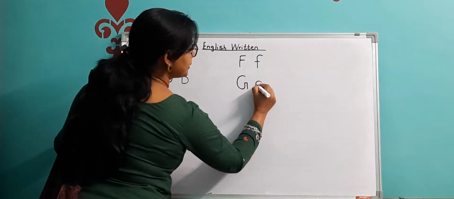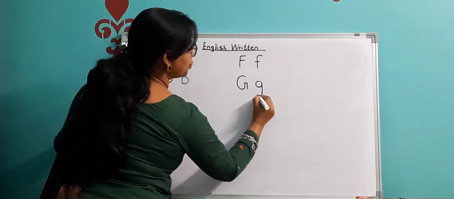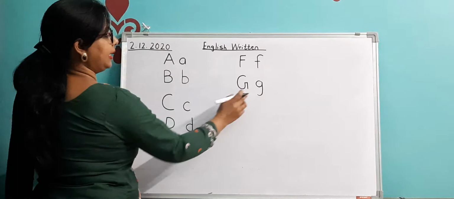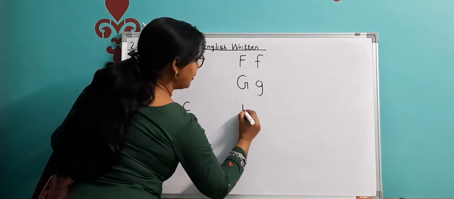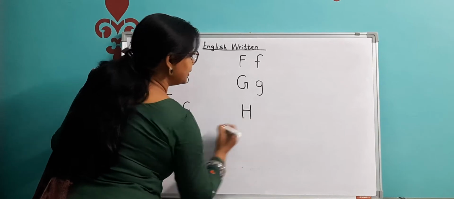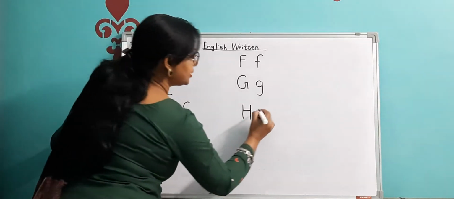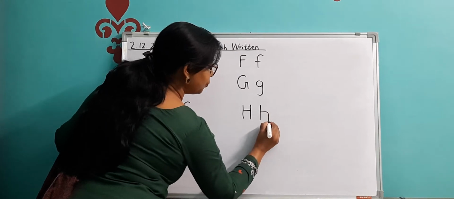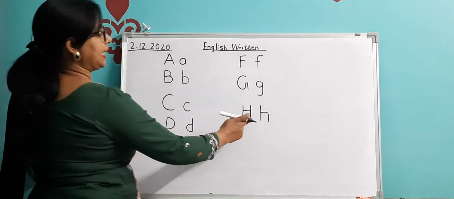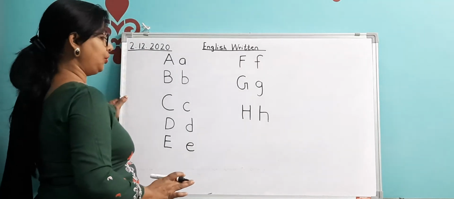And this is small g, circle and then standing line and a curve. And then after G comes H. This is capital H and this is small h. Only standing line and sleeping line you have to use in this.